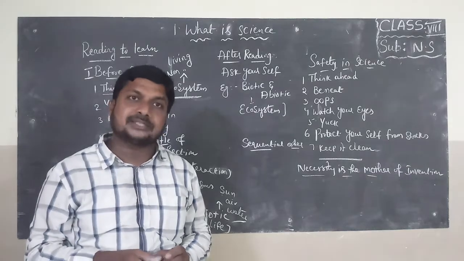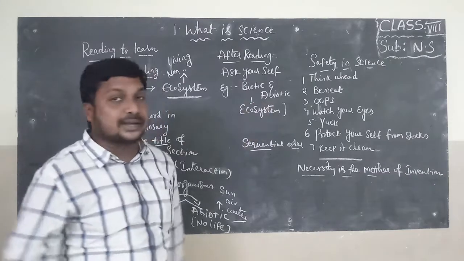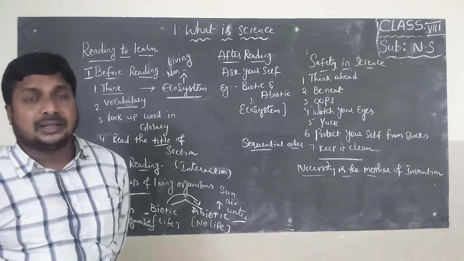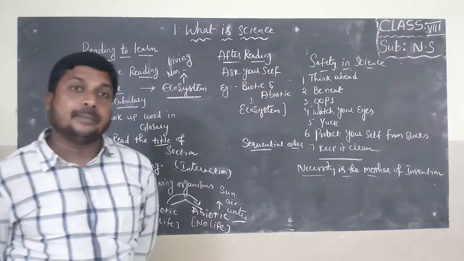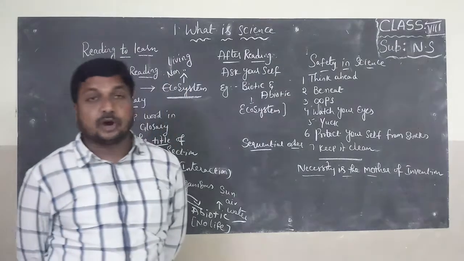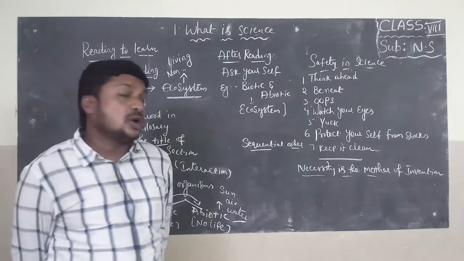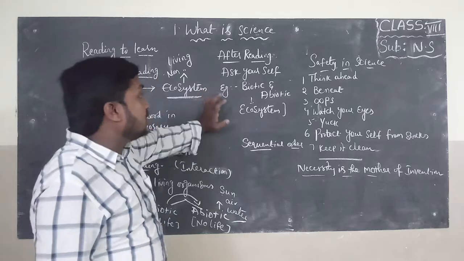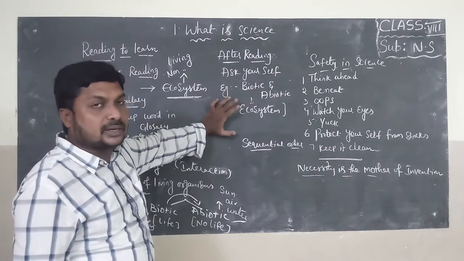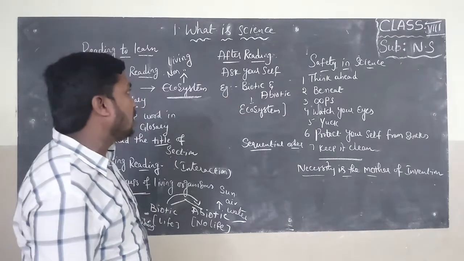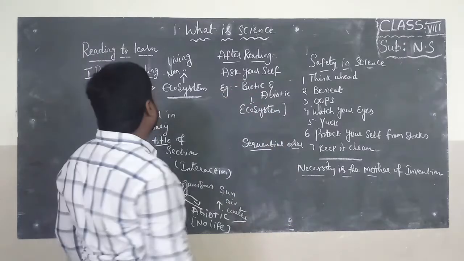Example: plants, animals, microorganisms. Abiotic factors means the things which do not have life, which influence the life on earth. They are sunlight, water, soil, etc. So interaction is essential between biotic and abiotic factors for survival of biotic factors. You have to ask like this. That is called after reading.